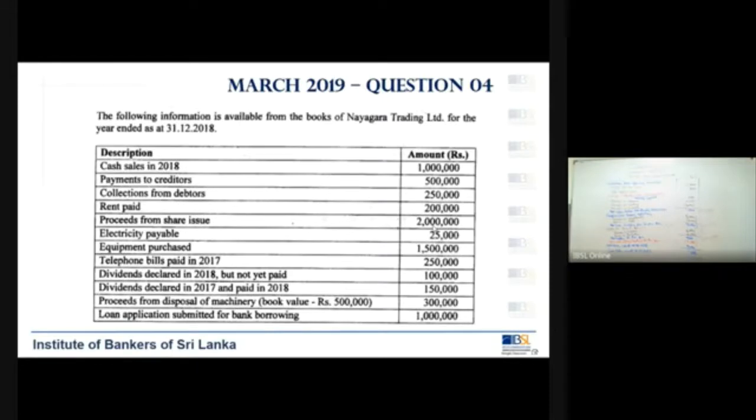There are only few items, no, 3, 6, 9, only 12 items. So from the 12 items, you need to capture what are the items that needs to go into the cash flow under operating or investing or financing, and then whether it is a cash inflow or outflow. That is what you have to identify quickly.